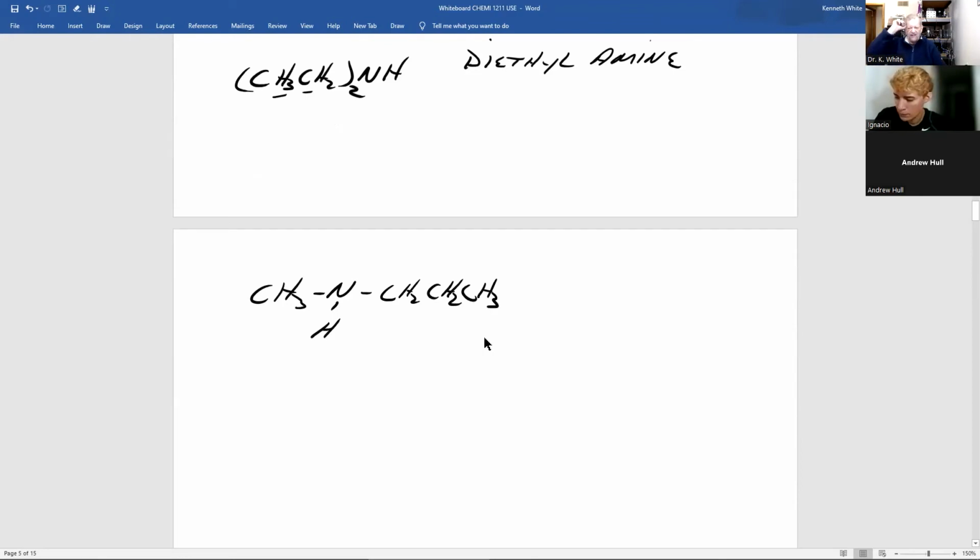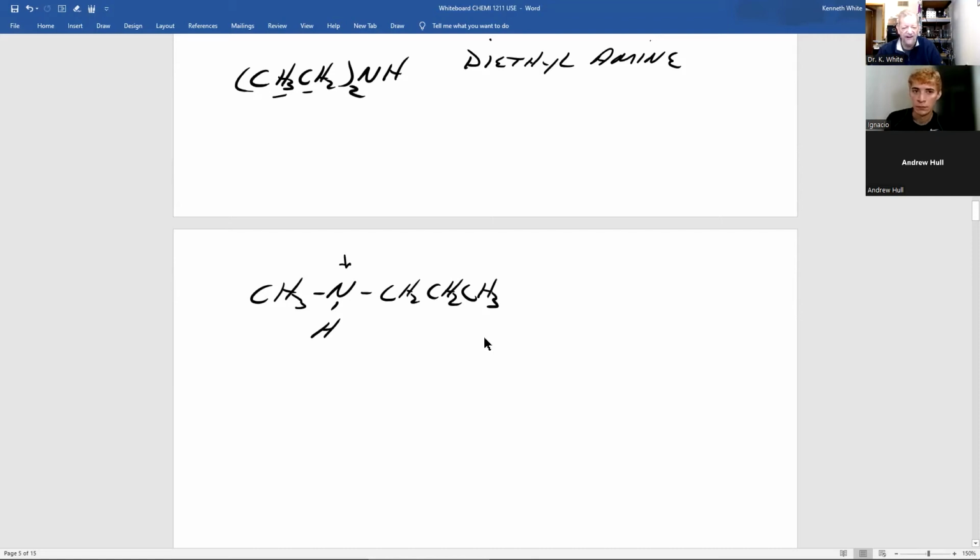And why don't you try that one? What would be the common name for that molecule? Thank you, Andrew. Thank you, Ignacio. All right, what's different? Ooh, what's not carbon?